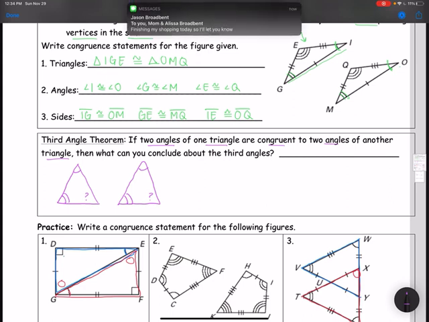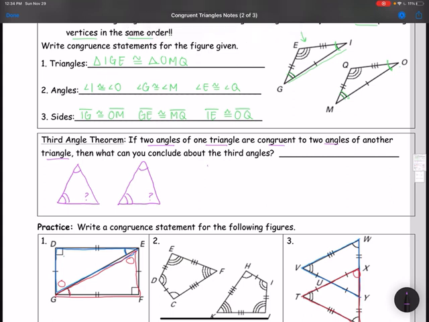Okay, so if we have two triangles, and I'm just going to draw them upside down. All right, and we say that this angle here is 100, this angle here is 100, this angle here is 20, and this angle here is 20.